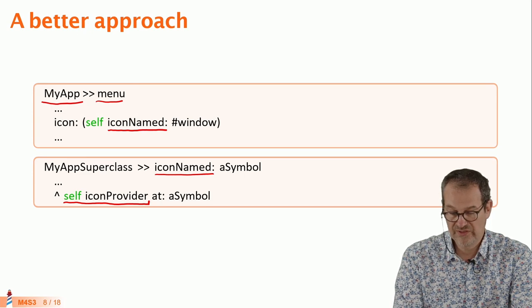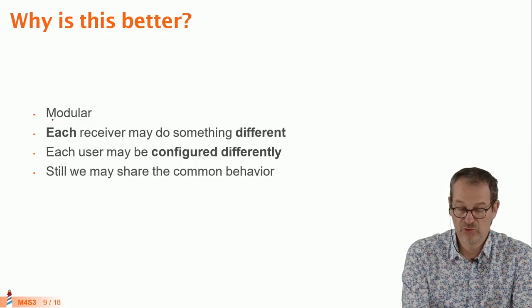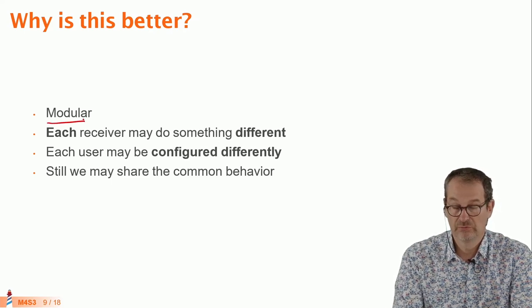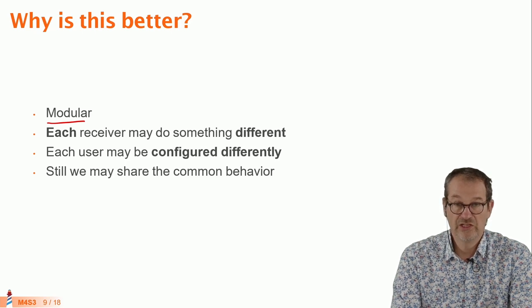This is the way it is done in the Spec framework to build applications in Pharo. We don't use a global variable. Every application has its own icon provider, and then we can dispatch there. So it is modular because every application can decide what they want to do, how they want to be configured. Each receiver may do something different, and they can be configured silently, but still we share the same common behavior. So this is reuse as it should be done.